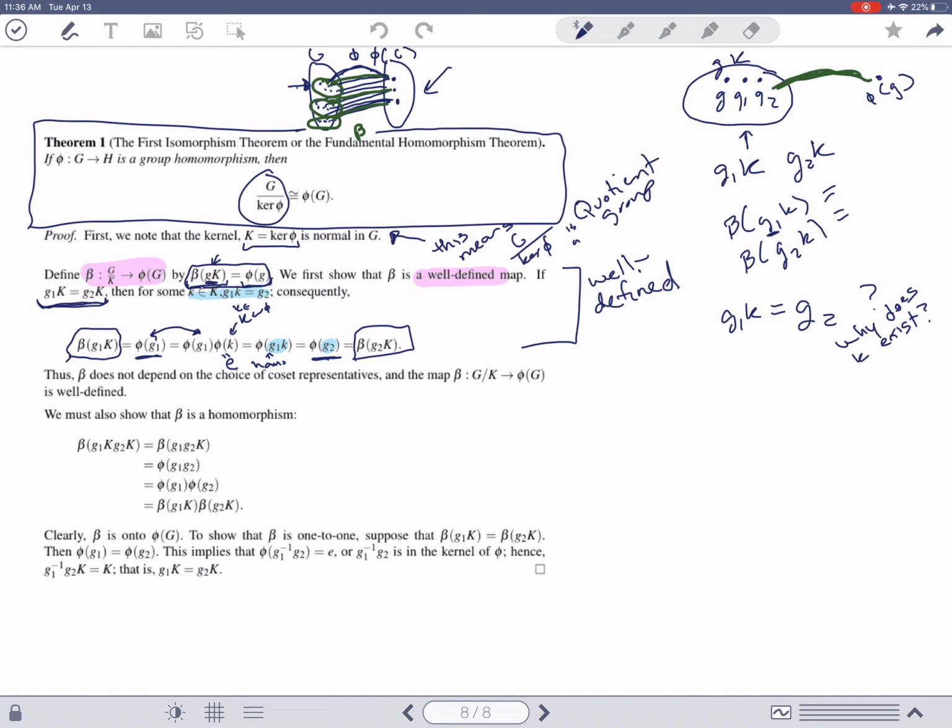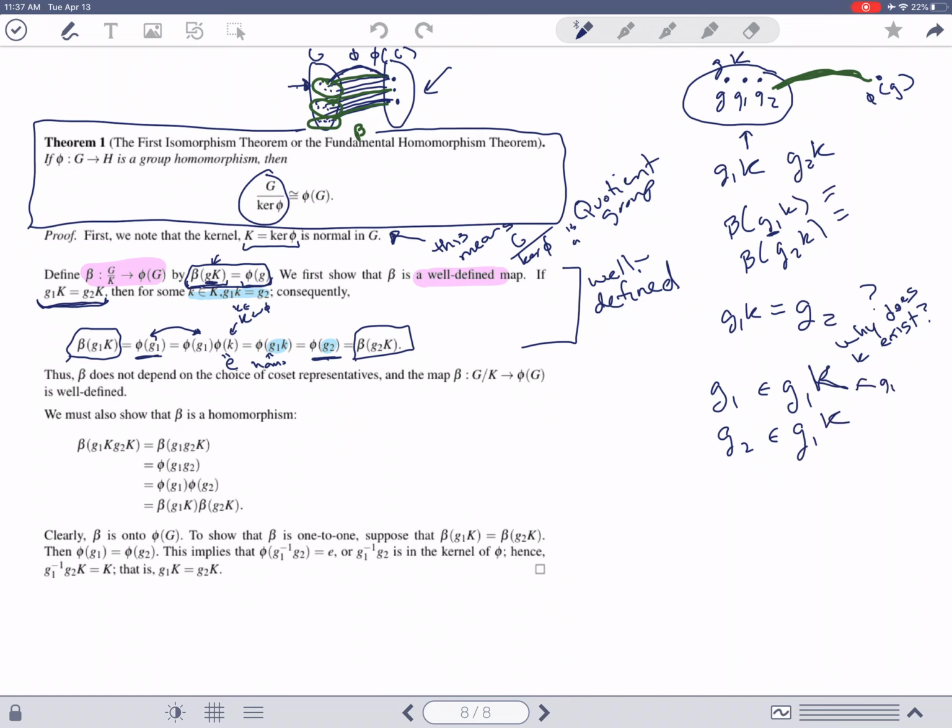Well, what do we know about G1 and G2? They are in the same coset. So G1 is inside of the coset G1K. And since they're both members of the same one, G2 is also inside of G1K. And what is that?